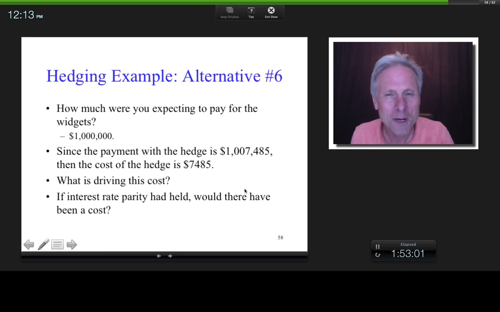But is that like a free lunch? No, it's not a free lunch, because now you're taking on what kind of risk? You're taking on credit risk, right? You're taking on the fact that this government that I lent money to may not pay me back. And so it matters which entity you create this money market hedge with.